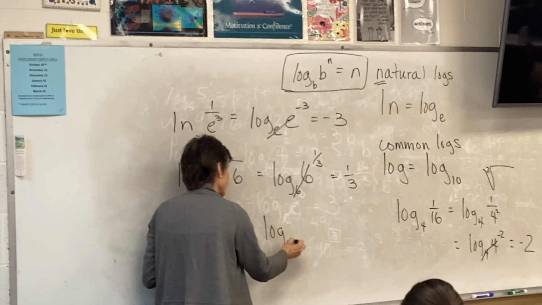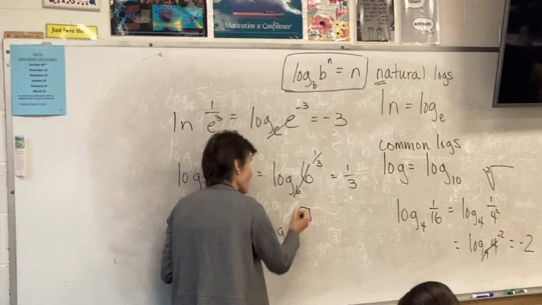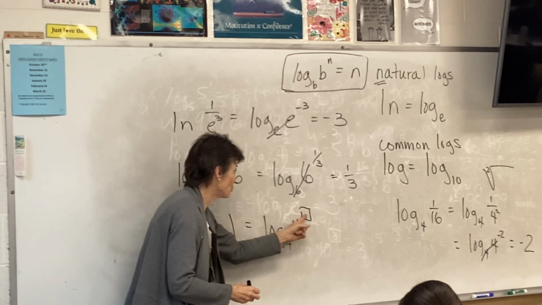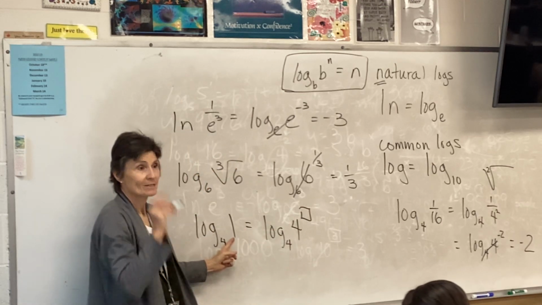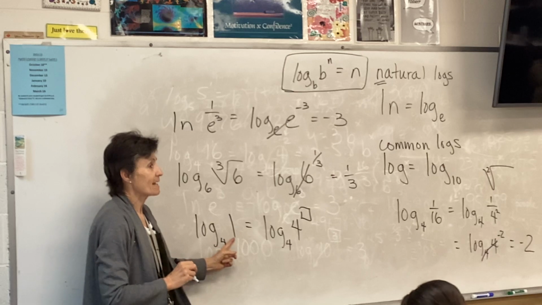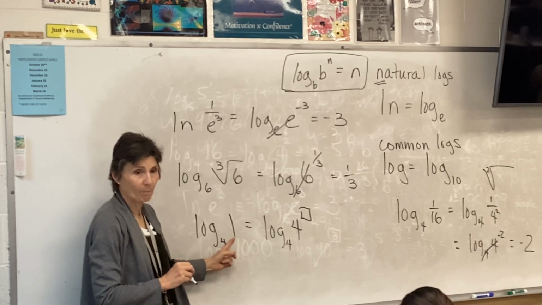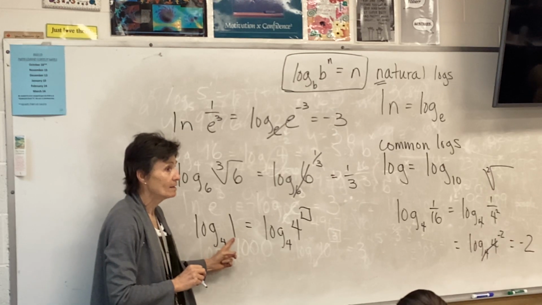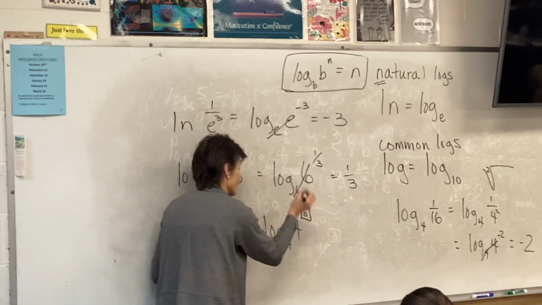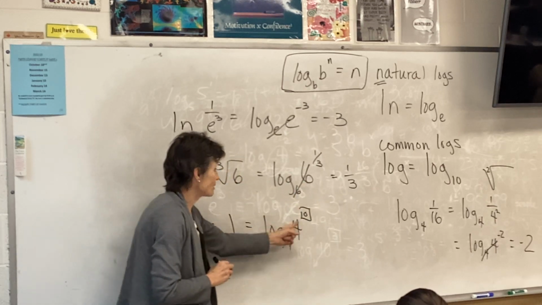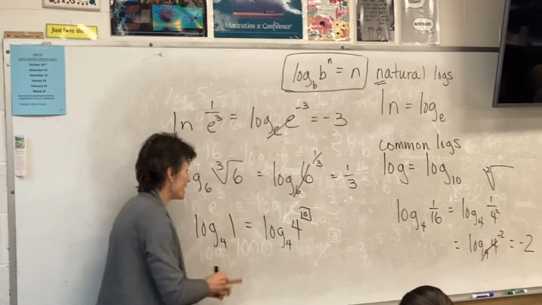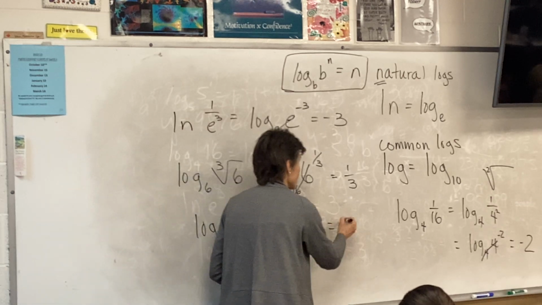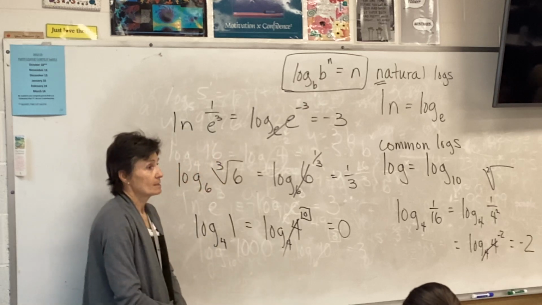So log base 4 of 4 to some power. Well, 4 to what power makes 1? 0. Because anything to the 0 power is going to be 1. 4 to the 0 is the same as 1. Now they match, so the answer to the problem is 0.